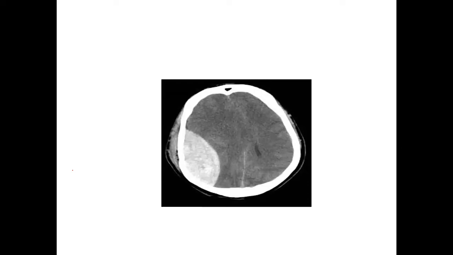Now, let's look at this image. You can see this is a brain CT scan that shows a lesion here. Look at this lesion on the left side. You can see the shape of this lesion. It's concave on this side.